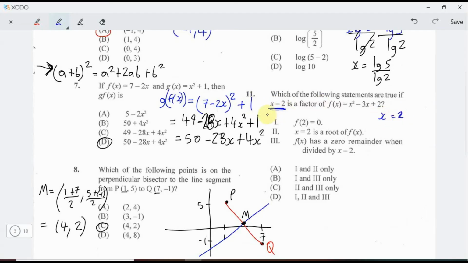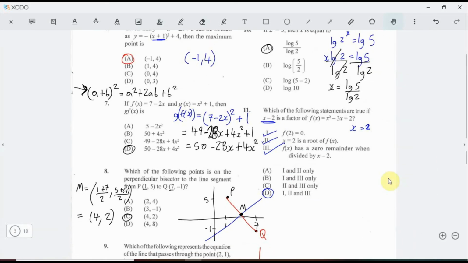So we're saying then f of 2 equals 0 is true. We're then saying that x equals 2 is a root is true. And if you were to do the synthetic division or the polynomial division, the remainder should be 0. So all are true, so it's option D. What an easy question. Really easy. Nice.